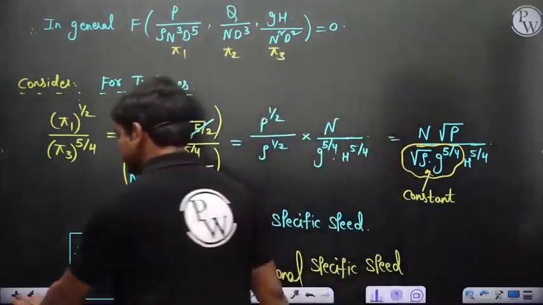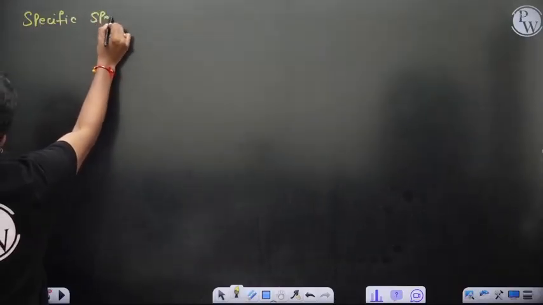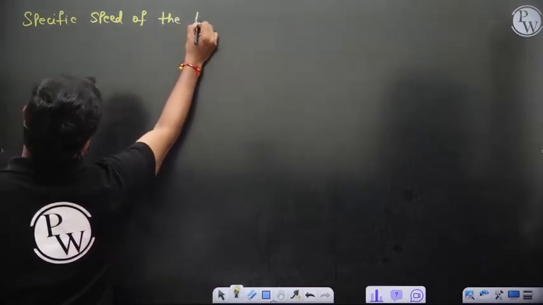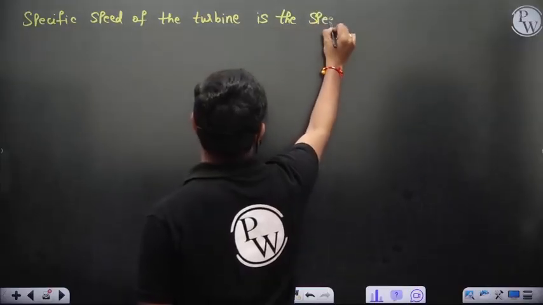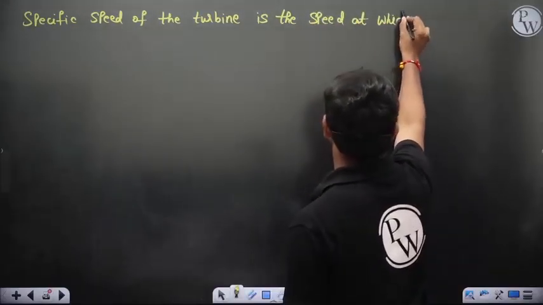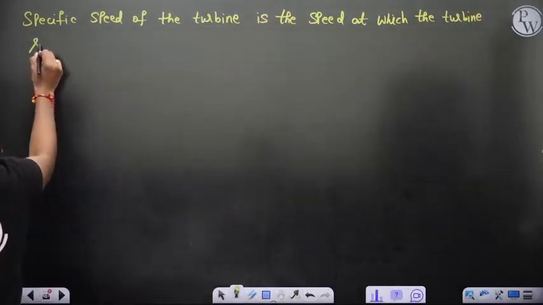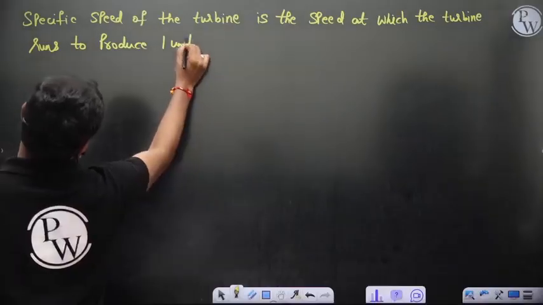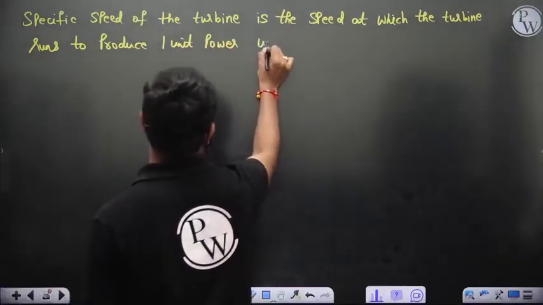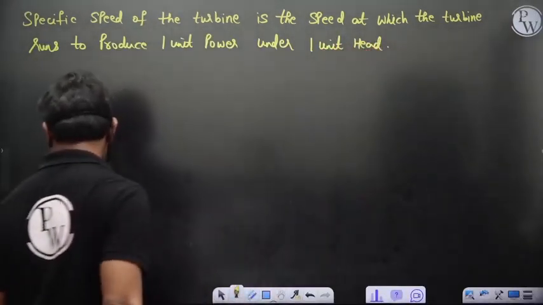So that tells you that NST, the specific speed of the turbine, is the speed at which the turbine runs to produce 1 unit power under 1 unit head.